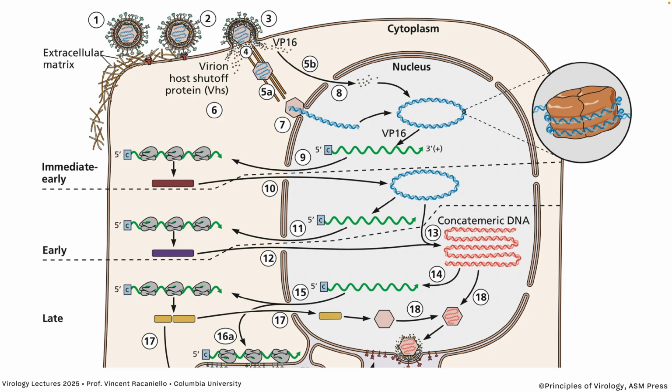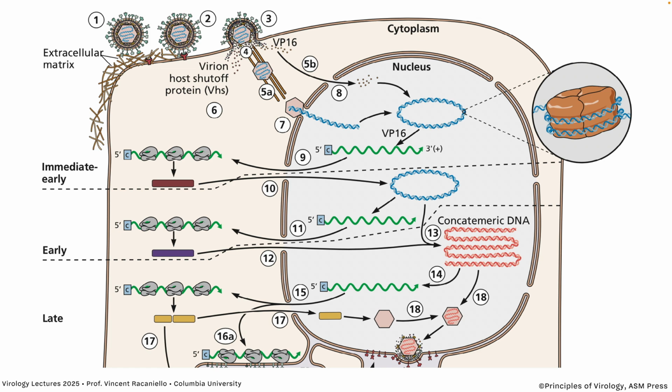So here's how it happens. Immediate early, early, and late phases, the virus infects the cell. Now herpesvirus is enveloped, binds to receptors, and it fuses at the plasma membrane. Then the nucleocapsid gets into the cytosol.